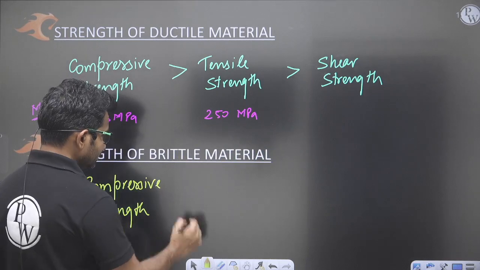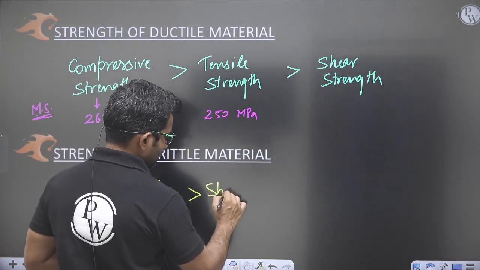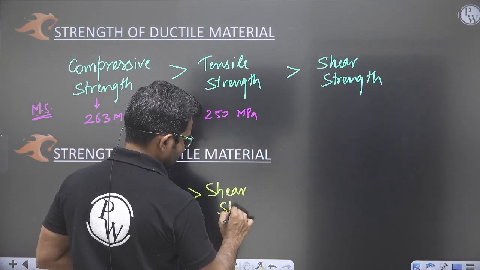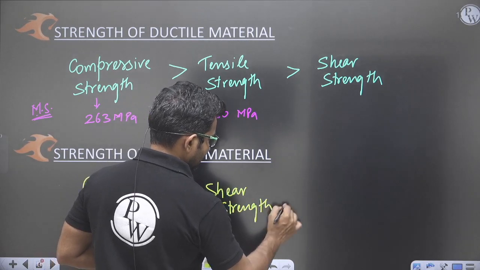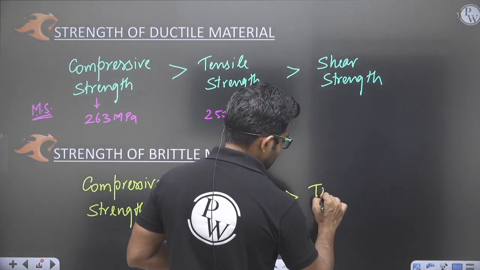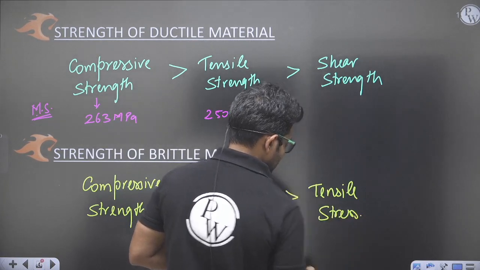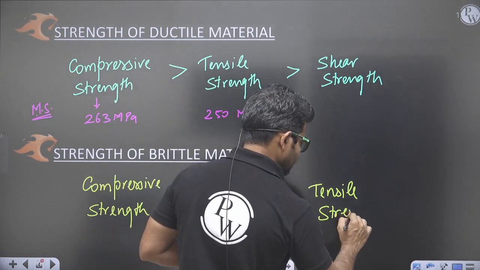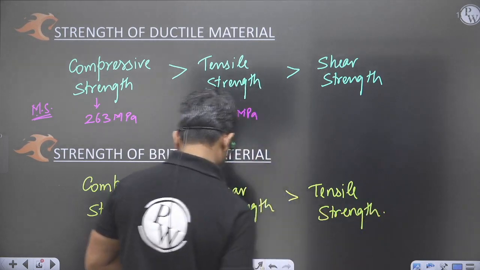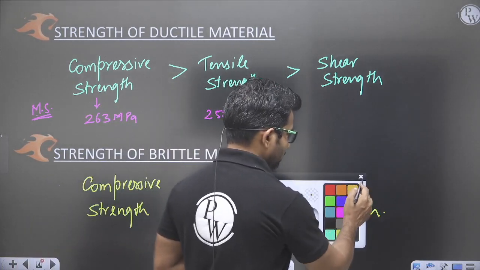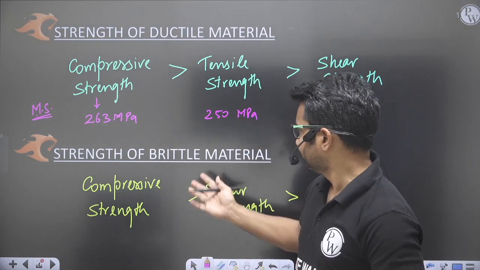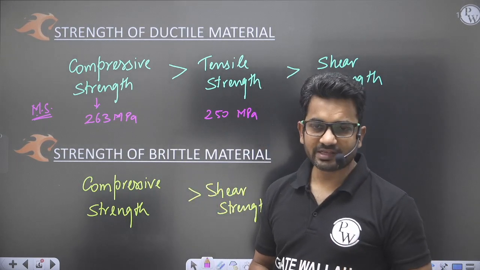Their shear strength will be much lesser than the compressive strength, and their tensile strength is even lesser than the shear strength. Now if I take an example of brittle material, it is cast iron.